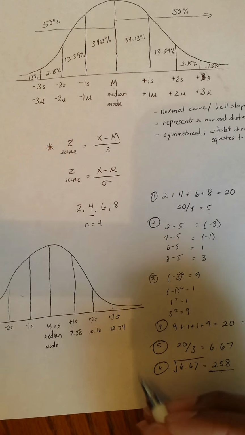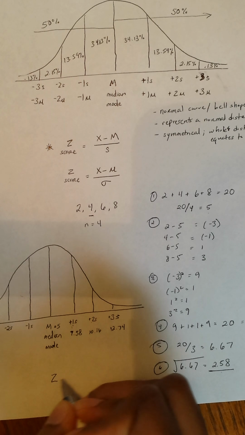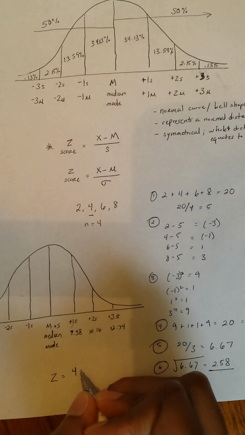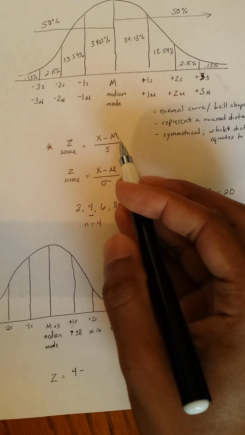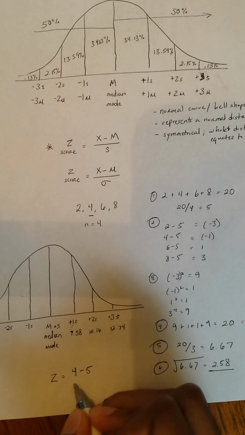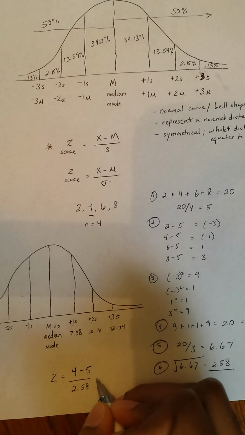Okay, so let's go ahead and calculate a z. So x would be the equivalent of 4 because that's the one that we're looking to solve. And then our sample mean is going to be 5 over 2.58.